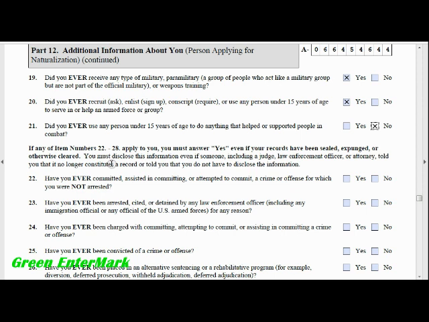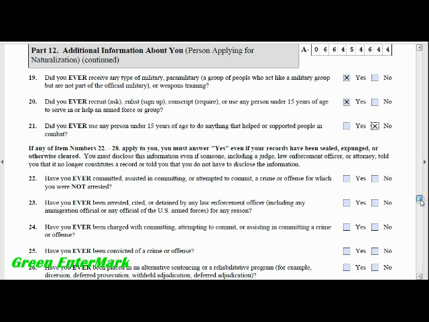You have to provide the information regarding items 22 to 28.